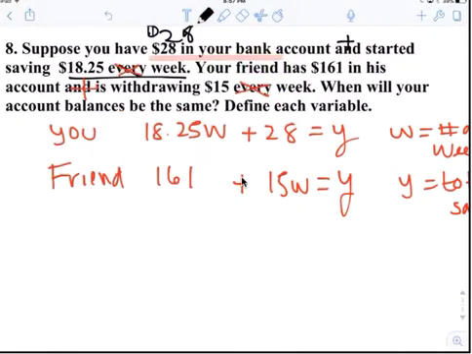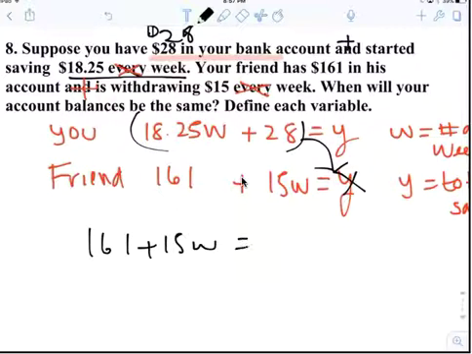Substitute in. One of the Y's doesn't exist. Substitute this into that. So you've got 161 plus 15W equals 18.25 W plus 28. You subtract 28.